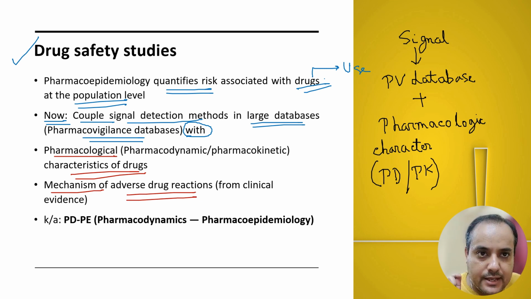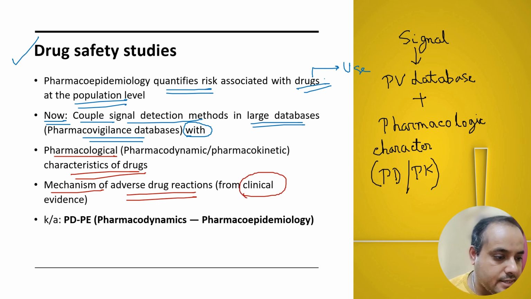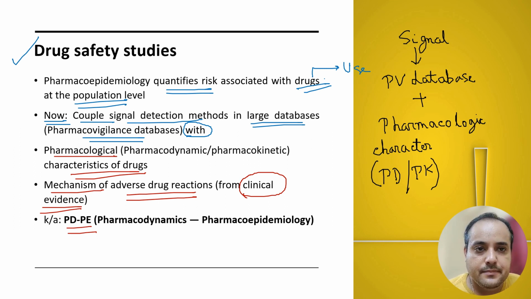And this mechanism of adverse drug reaction will be found out from clinical evidence only and not from non-clinical studies. These kinds of studies are known as PDPE studies, that is, pharmacodynamic pharmacoepidemiology studies. Now students, remember this concept. This is a very important concept.